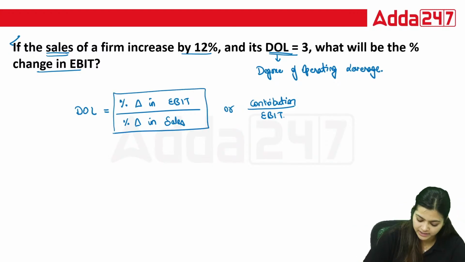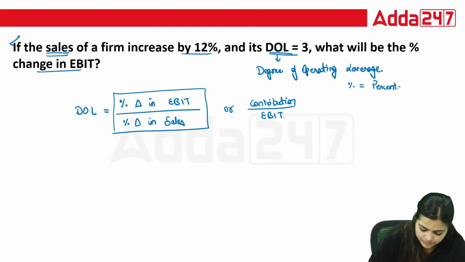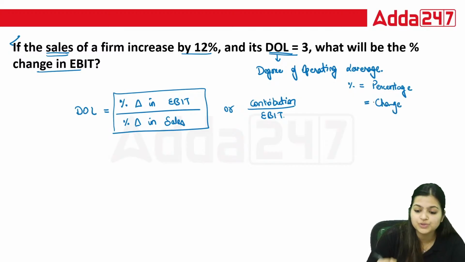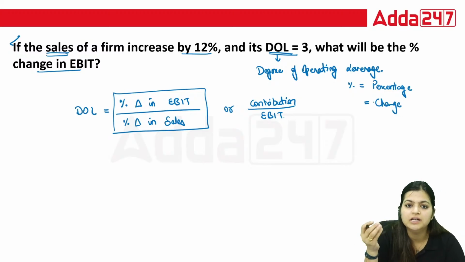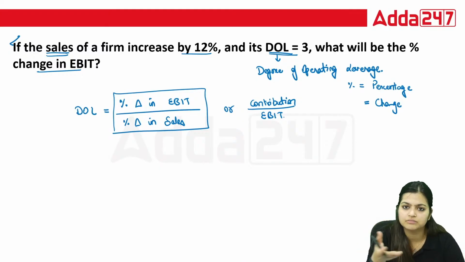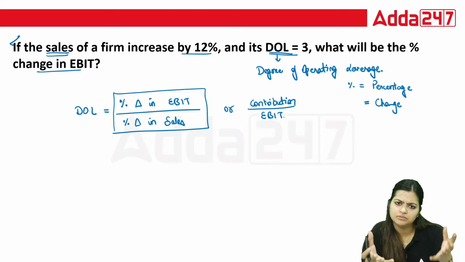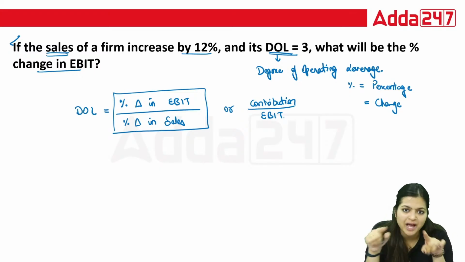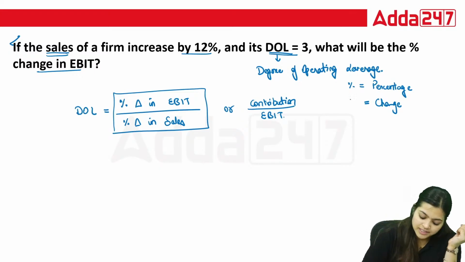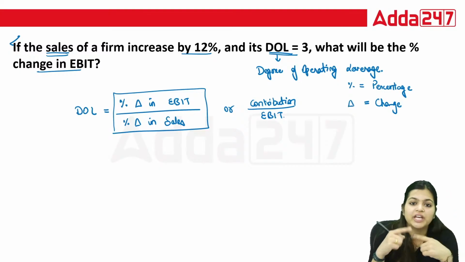Now remember one thing, this sign denotes percentage and change. Most of the time when you see your JAIIB book, or any notes, if you see a triangle in a formula, that triangle denotes change.